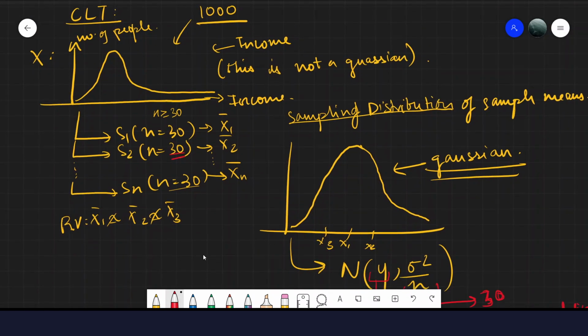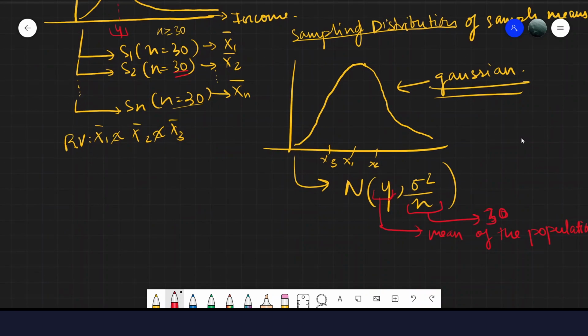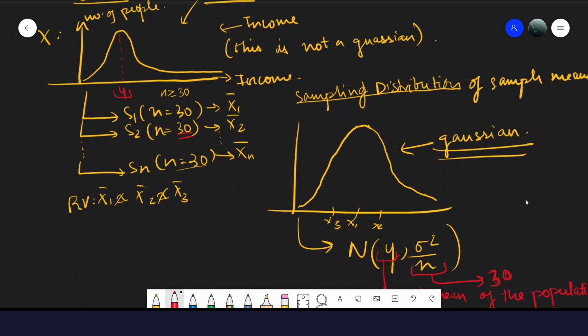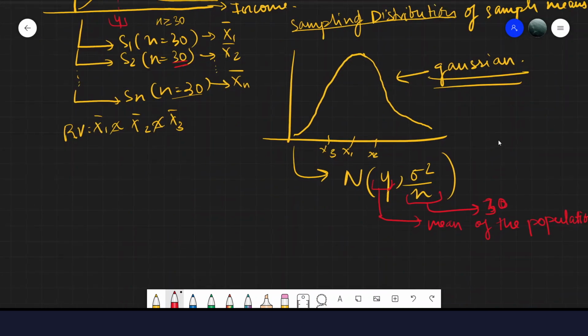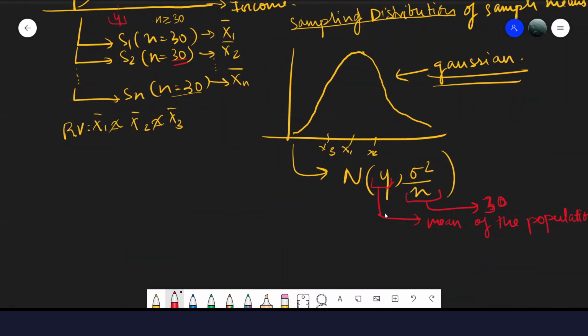If you have a lot of samples, it will be equal to the mean of this distribution. Let's say that this is the population distribution and this mean will be equal to this mean. That's the beauty of the central limit theorem. You can draw samples from any distribution and you get a Gaussian distribution, and its mean will be equivalent to the mean of the population. So this is the central limit theorem.